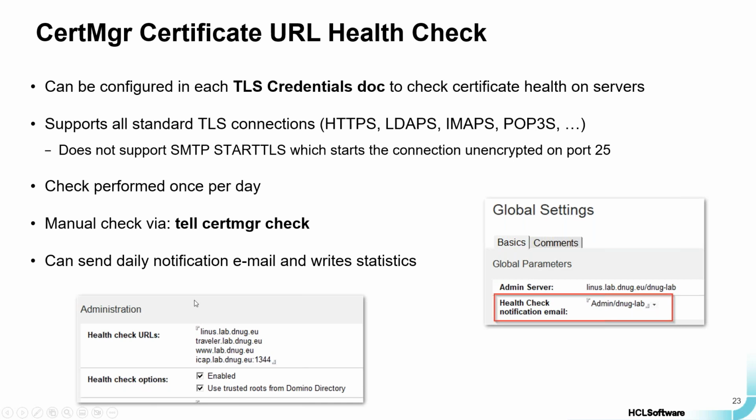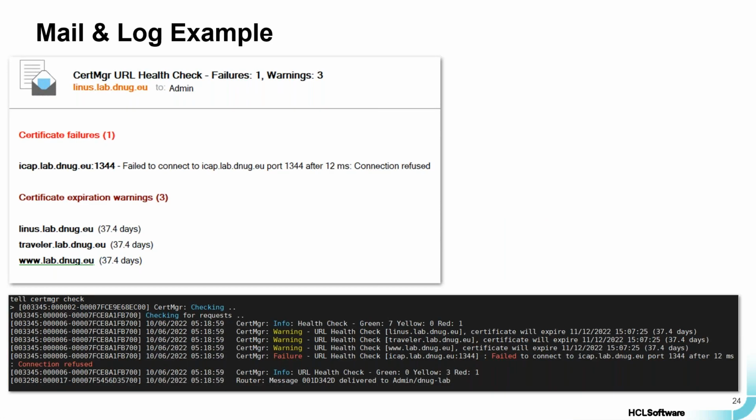By default, it will be a statistic on the server and a log message, but you can also specify in the global settings an admin user that receives a full list of all the certificates that are expiring. So you get warnings and errors. It looks like this.